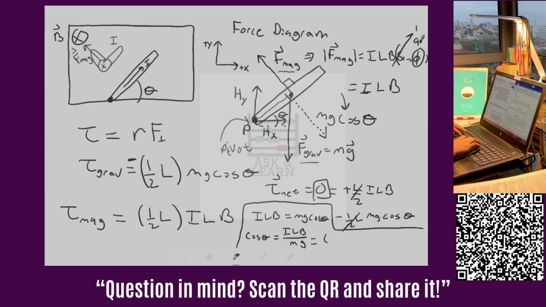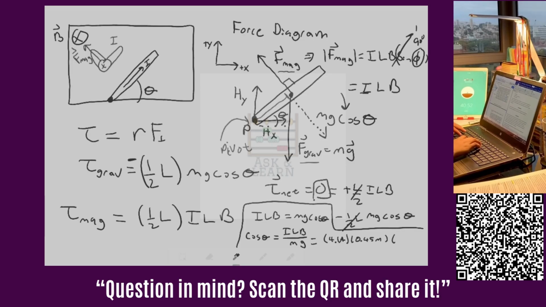Well, the current being carried throughout this wire is, sorry, one second, my screen went to sleep. Okay, let me write these in now. So the current is 4.1 amps. The length of this rod is 0.45 meters.